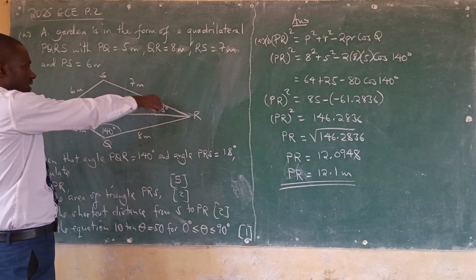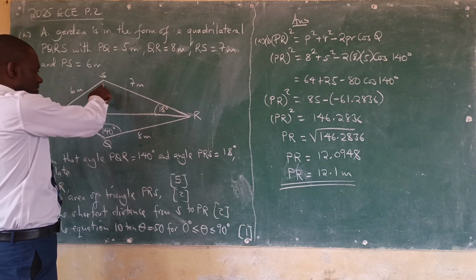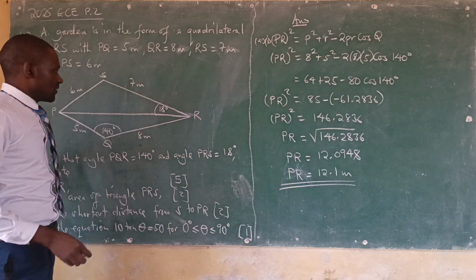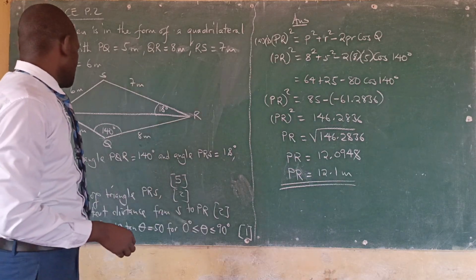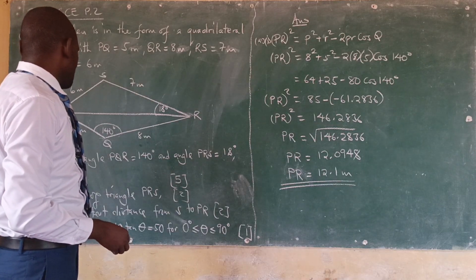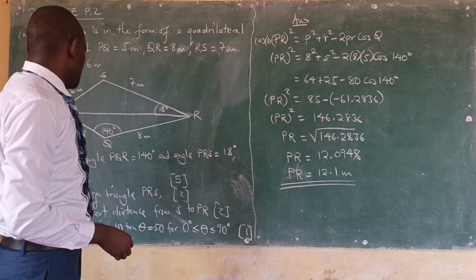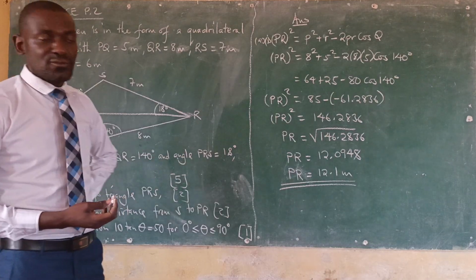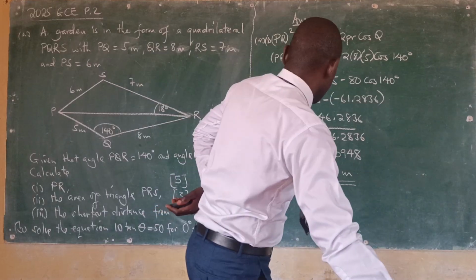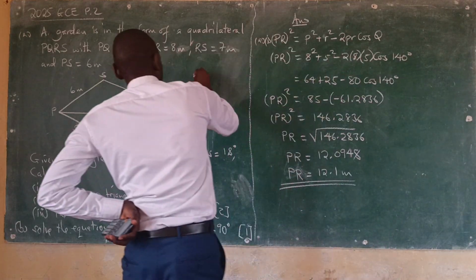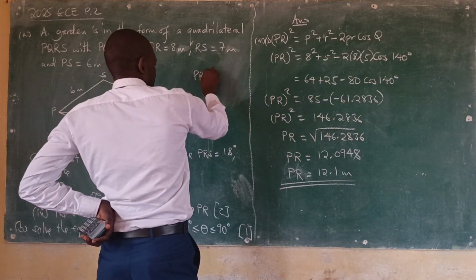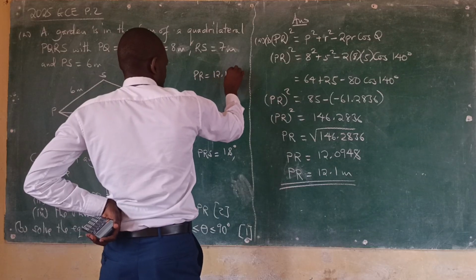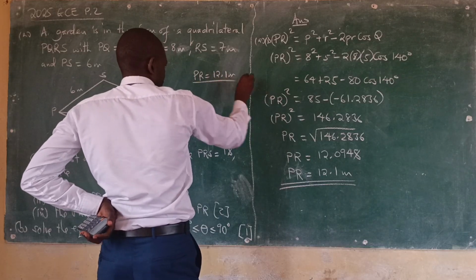Since we have this side and that side, if we can get this angle, and we are able to get that angle. So according to the formula, it's the formula where we use sine. So let me just keep this one. PR equals 12.1 meters. Okay, we'll keep that one.